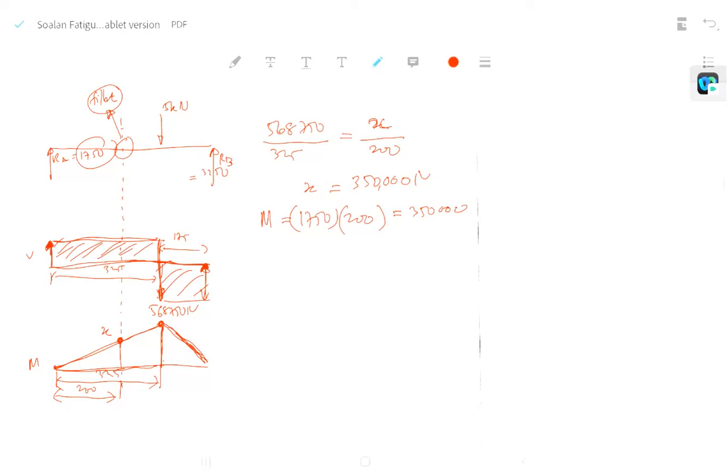Then we need to calculate the bending acting on that fillet and acting on the force.